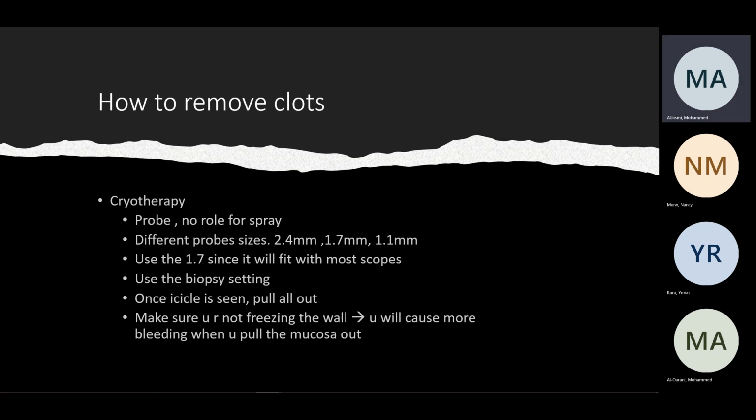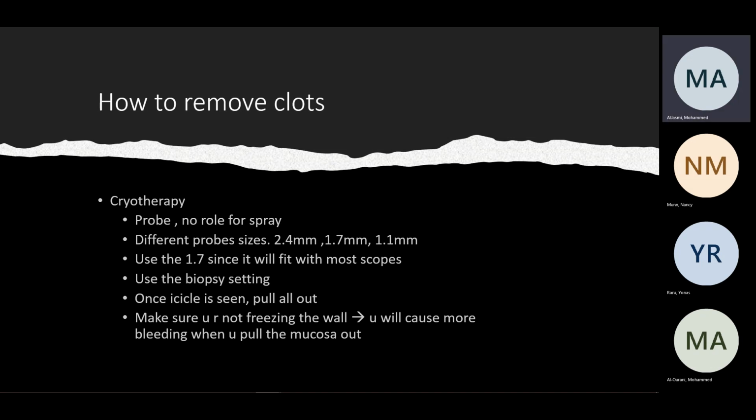Another way of removing the clots, if you're not able to remove them with the channel, is to use the cryotherapy probe. Multiple sizes, of course. Always use the 1.7 millimeter. It's going to be much easier. In case you have just the 2 millimeter channel bronchoscope, always choose the 1.7. Basically, what you need to do is freeze enough to form an icicle on the clot itself.